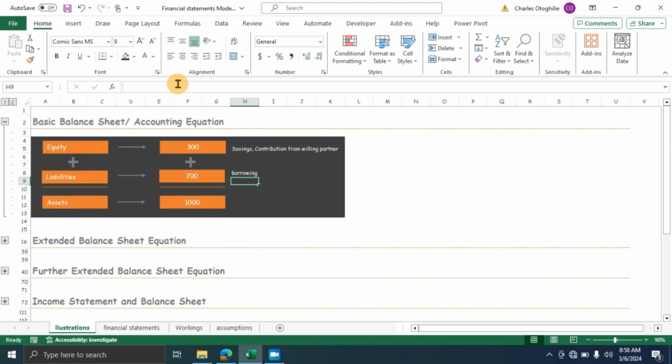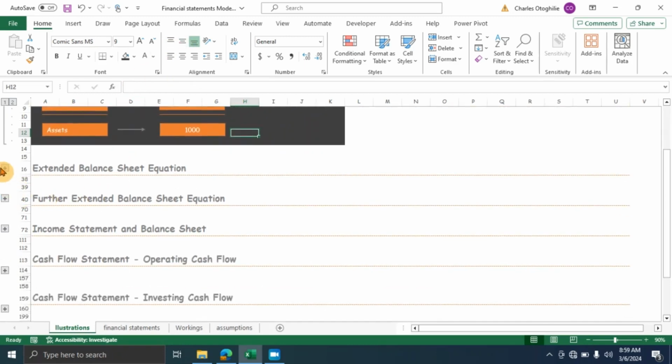The borrowing is with the aim that they will pay interest for the money borrowed, and they expect that the business will yield a return that's higher than the interest rate, and that is why they do that. But the takeaway here is that your equity and your liability must sum up to the value of your assets. You'll get to understand this better as we go forward.